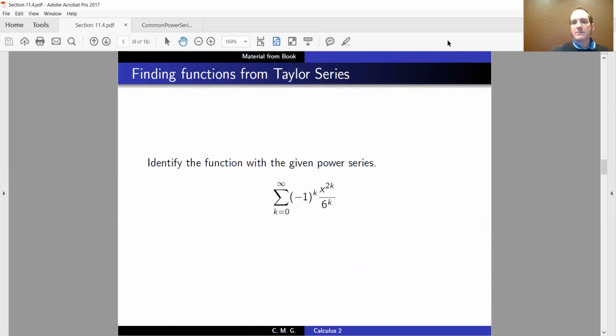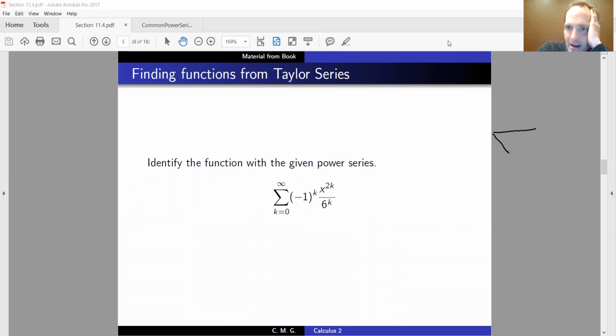The other concept that we want to hammer in here is that I want you to be able to look at a given power series, look at a table, and say, oh, how would I get that given power series with that table? When I do this, I start by looking at the function and figuring out what it is I'm actually trying to get.